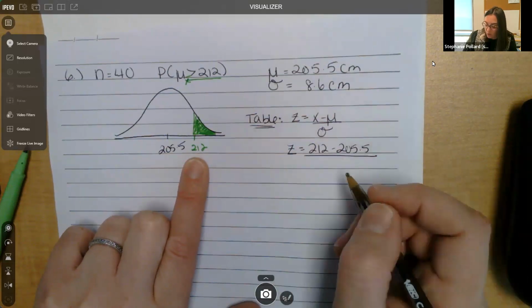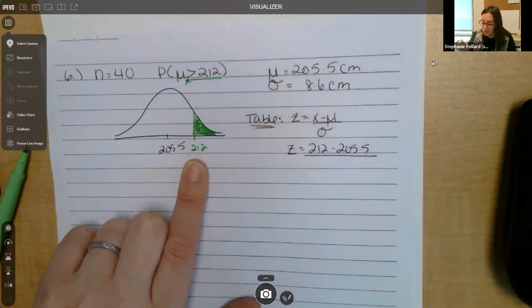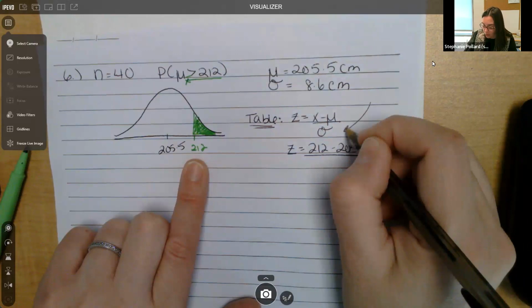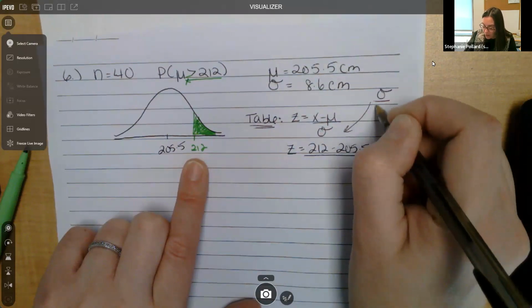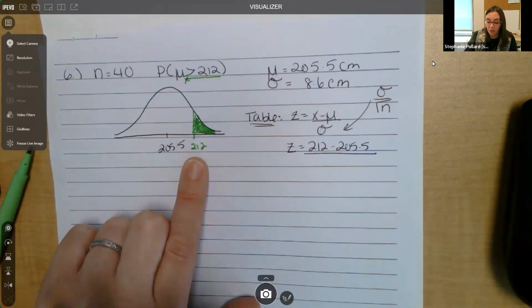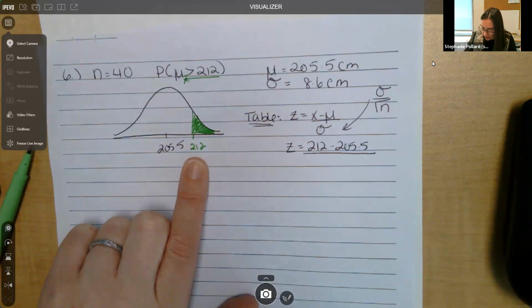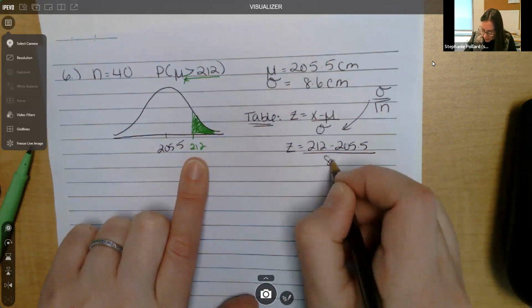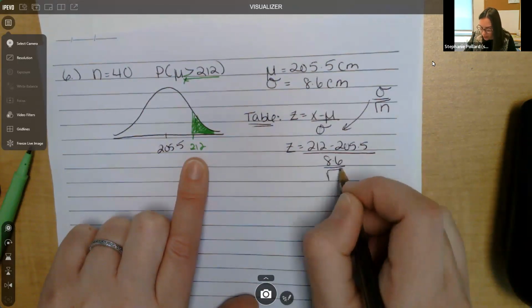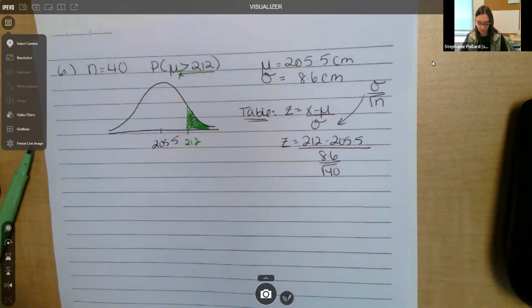But here it's going to change because my standard deviation is not just a regular standard deviation here. Because we're using central limit theorem, we're actually going to replace that with the standard deviation divided by the root n. And again, that's because we're sampling 40 people, not just one. So we're going to take our original standard deviation, which was given in the problem, and divide that by the square root of 40.